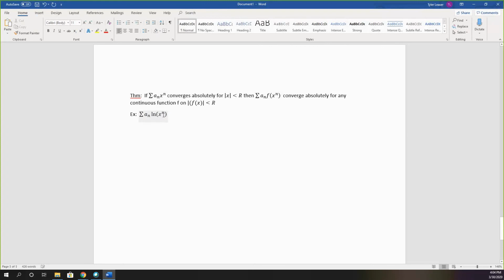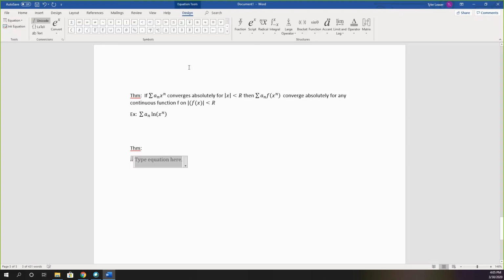If x to the n converges as a power series, then you automatically get that the natural log of x to the n converges as a power series, but not on the entire interval. Only where the absolute value of natural log of x is less than r on that interval instead. All right, so just a key little thing that you can do. If you have a power series, you can apply every single one of those power functions to another function on the outside.